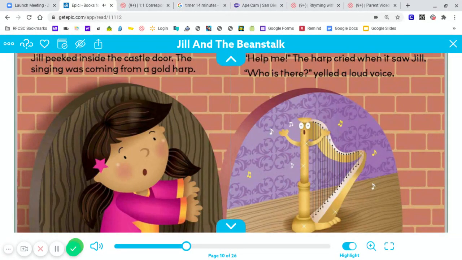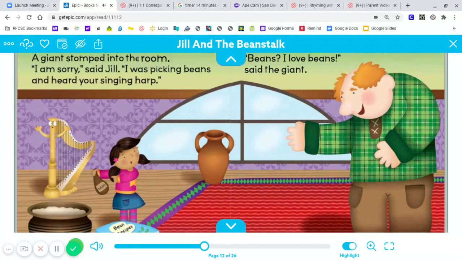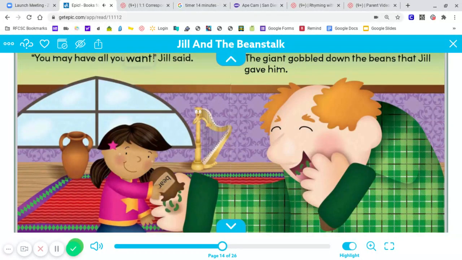"Help me," the harp cried when it saw Jill. "Who is there?" yelled a loud voice. A giant stomped into the room. "I am sorry," said Jill. "I was picking beans and heard your singing harp." "Beans? I love beans," said the giant. "You may have all you want," Jill said. The giant gobbled down the beans that Jill gave him.